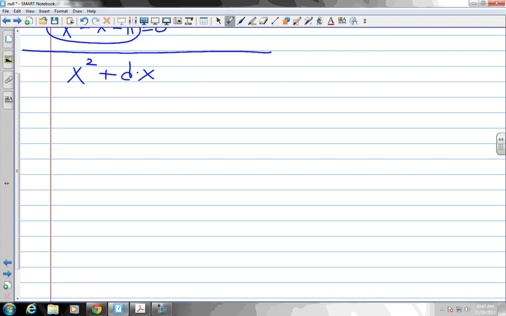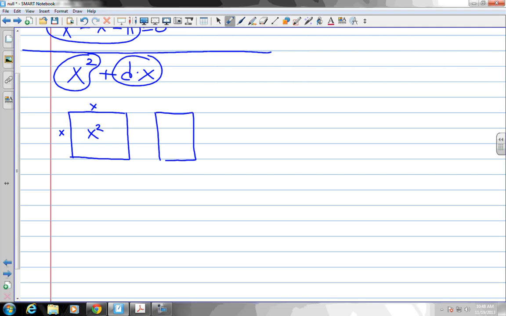Because if you remember, x squared, geometrically speaking, is an area of a square with the length of which side is x, right? While just the product of two numbers is an area of a rectangle where one side is x and the other side is d, right?